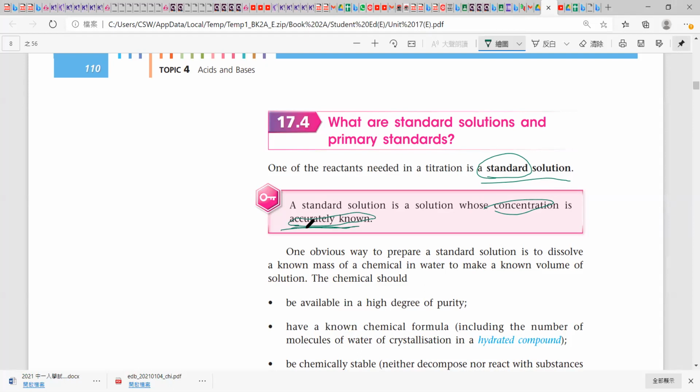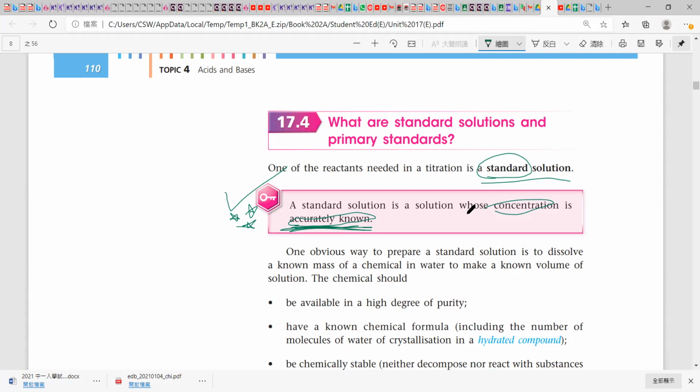Underline the term accurately known, and this sentence is always one of the FAQ, frequently asked questions in public exam. Accurately known. But wait a minute, Mr. Jun, how can we produce an accurately known volume, molarity solution, accurately known molarity? How?